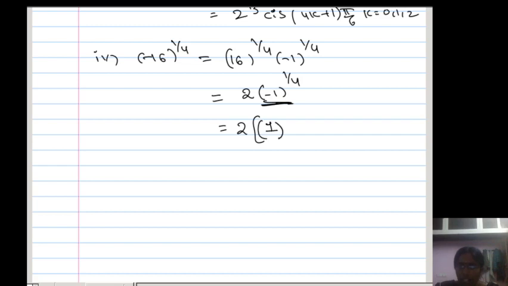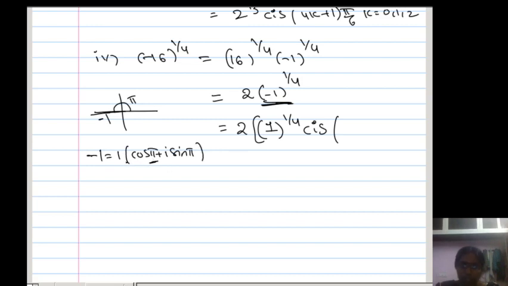So r naught power 1 by 4 cis of... Now tell me what is theta naught. Minus 1 means it lies on the negative x axis. So what is the angle here? Pi. So how to write minus 1 in polar form? Minus 1 can be written as 1 into cos pi plus i sin pi. So what is the principal argument theta naught? Pi. r is 1.